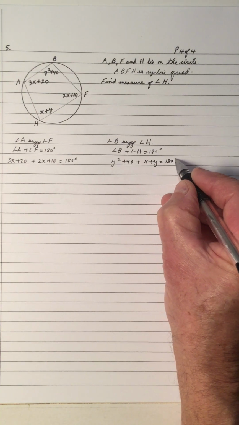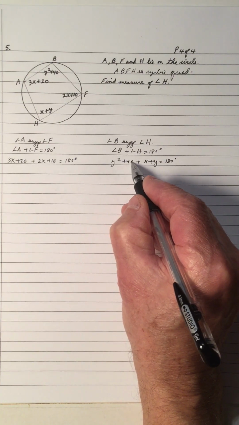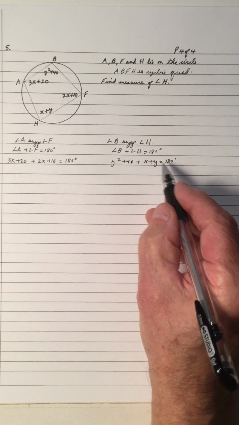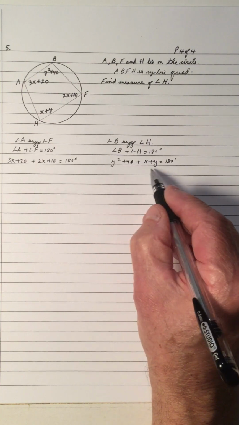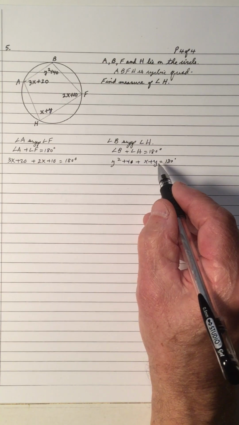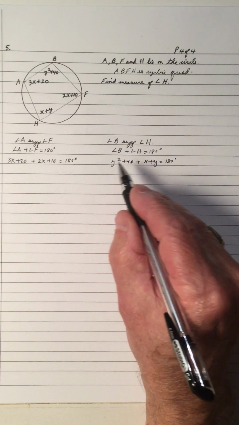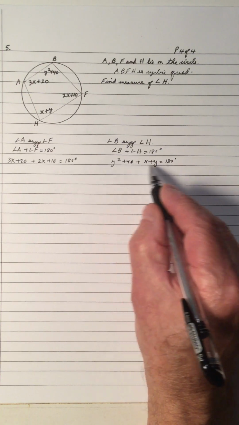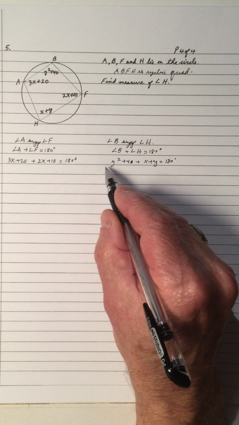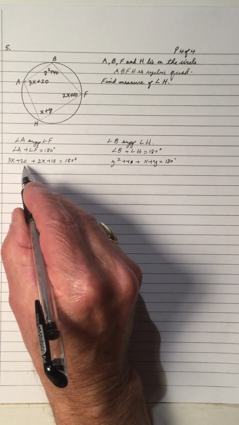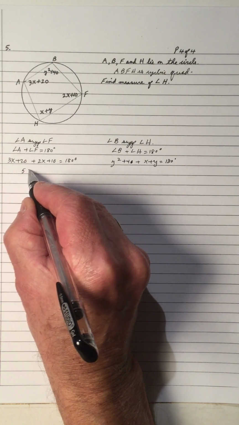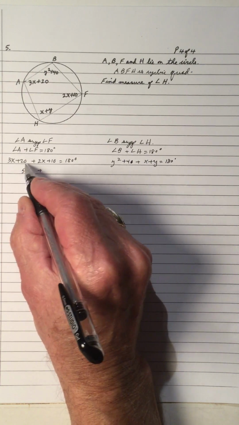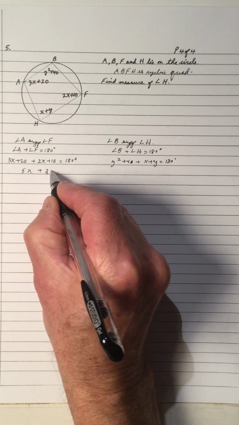And so we have them subbed in. Now we've got to solve these equations. Notice that this equation has an x and a y, so I can't solve that until I find what x or y is. But this equation has all x's, so 3x and 2x is 5x, 10 and 20 is 30.